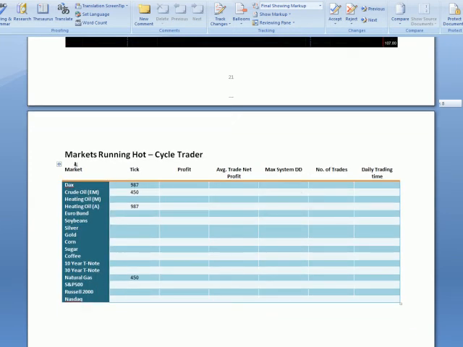I haven't got a lot of detail in this particular one, but we'll list the markets for that strategy. For example, the cycle trader: these are all the markets that we could potentially trade on the cycle trader, and then we'll be issuing that information out as part of our weekly wrap up about what's running hot, what's looking at the tick chart, the profit, and setting out the settings.